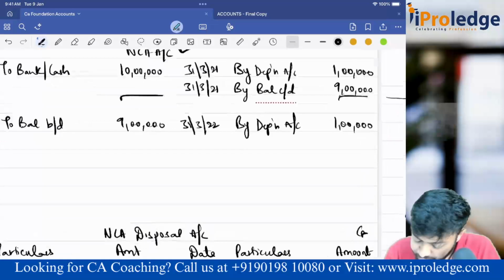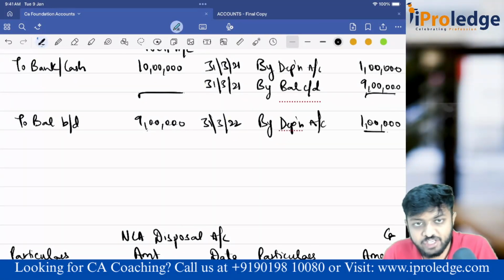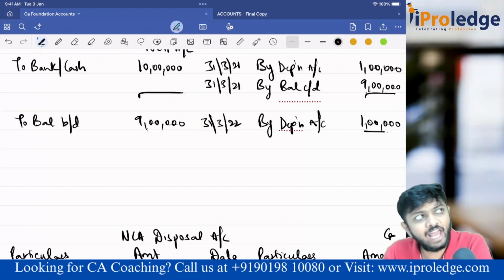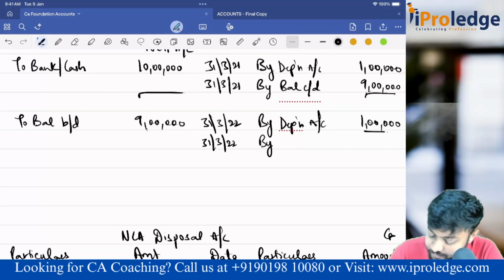So how much? 9 lakh minus 1 lakh depreciation, so the carrying value of that asset which you are selling is 8 lakhs. 8 lakhs you transfer it to non-current asset disposal account.